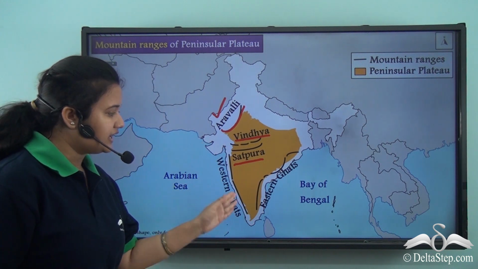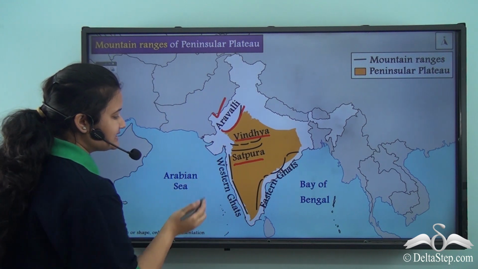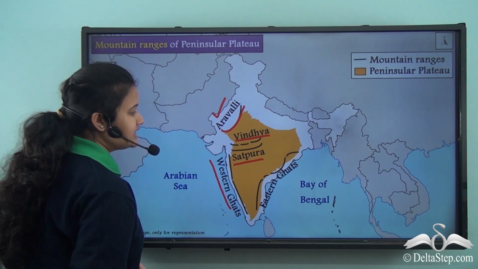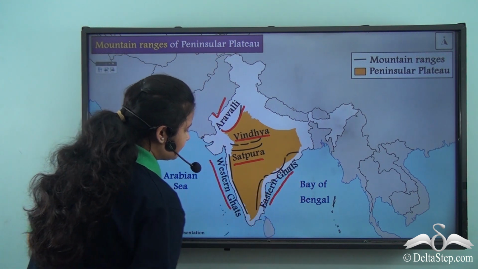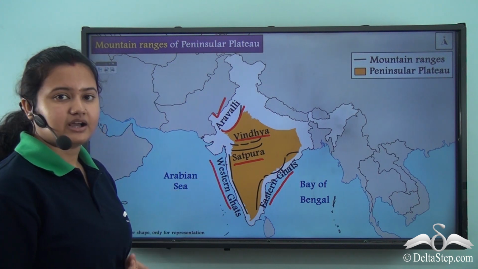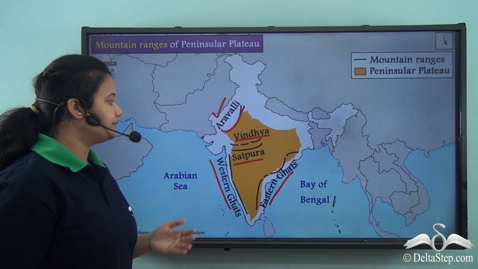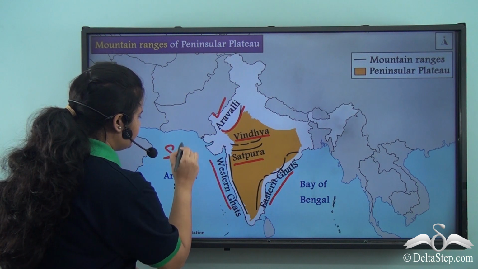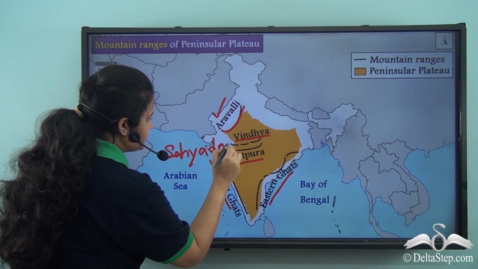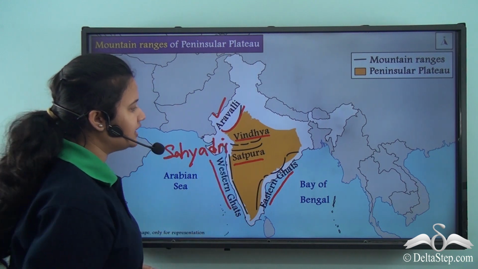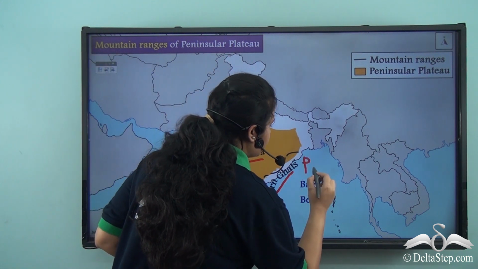The western edge of Peninsular Plateau is flanked by the Western Ghats, and the eastern edge is bordered by Eastern Ghats. Another name for Western Ghats is Sahyadri, and another name for Eastern Ghats is Purba Ghat.